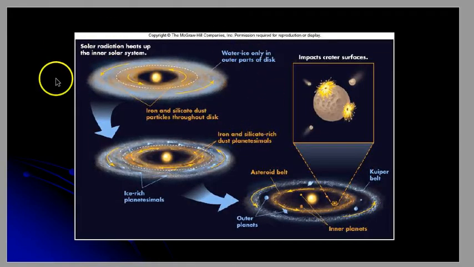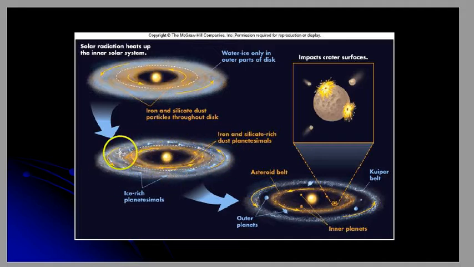This is illustrating the same thing. Water ice only in the outer parts of the disk. No water ice in the middle. Iron silicate dust particles throughout the disk. Iron silicate dust, planetesimals, ice-rich planetesimals. So inside, the only thing gathering together are iron and silicate dust.